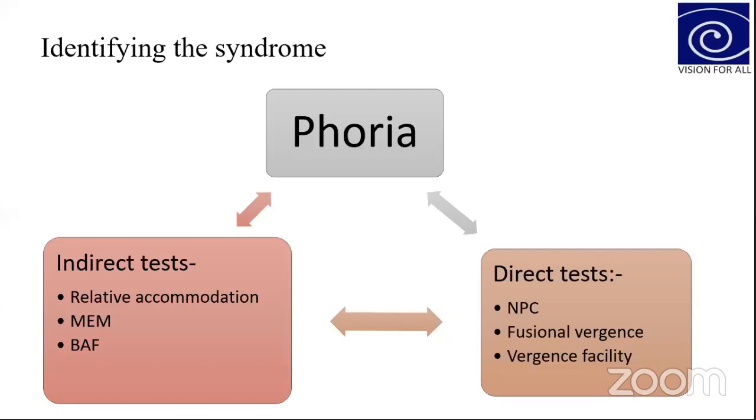If you go to the indirect tests, you will have the indirect measurement of vergence, like relative accommodation, that may be positive relative accommodation and negative relative accommodation, and also monocular estimate method and binocular accommodative facility. First you see the type and amount of the phoria for distance and near, and we always try to correlate with the direct and indirect tests, which I will discuss in the further slides.